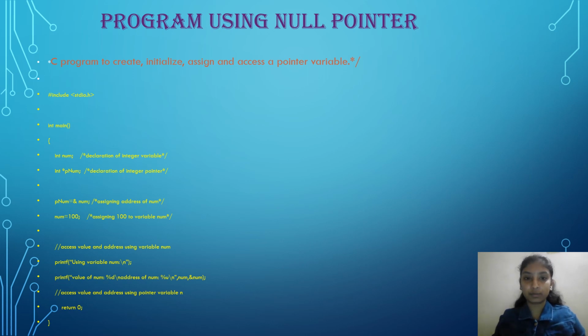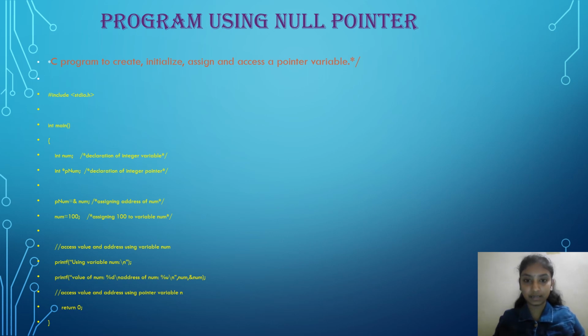This is an example of a program using a null pointer. A C program to create, initialize, assign, and access a pointer variable. In this program, we use #include <stdio.h> and a main function, int main.